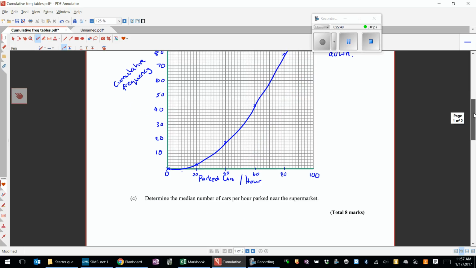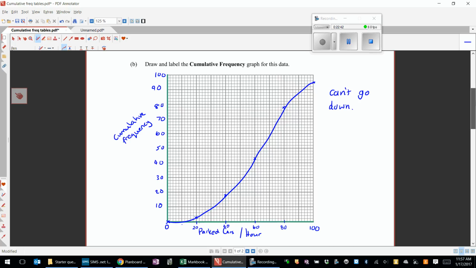All right, now this is kind of the next bit. How do you estimate the median from this? To 50. Why to 50 though, is my question. Is 50 the middle? Okay.